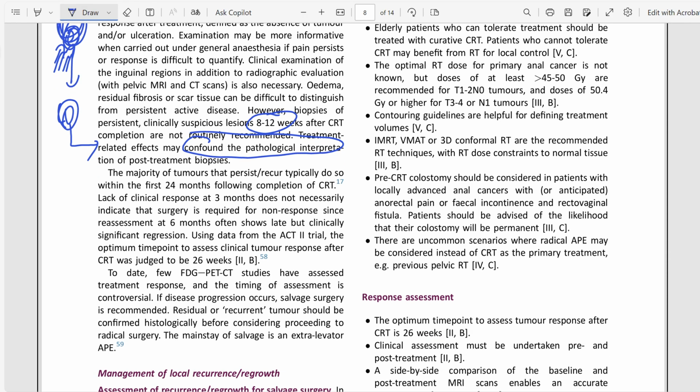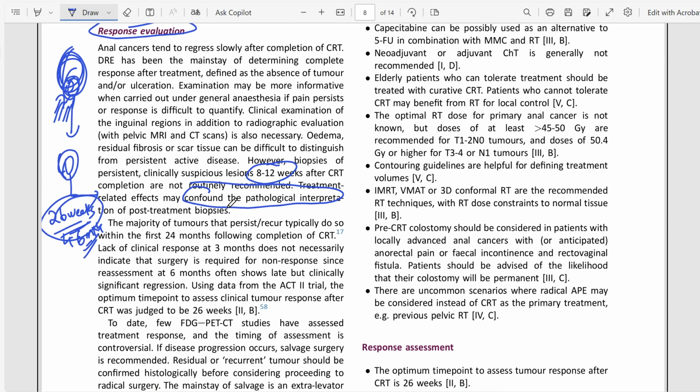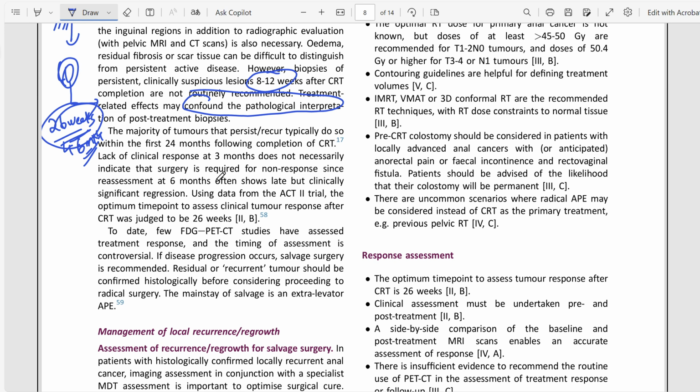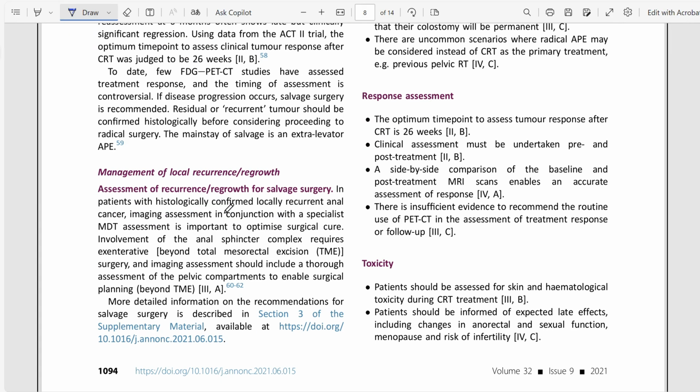So 26 weeks, up to almost 6 months, is the optimal time when we do a repeat biopsy. Then there will be pathological complete response. The majority of tumors that persist are recovered within the first 24 months after completing CTRT.